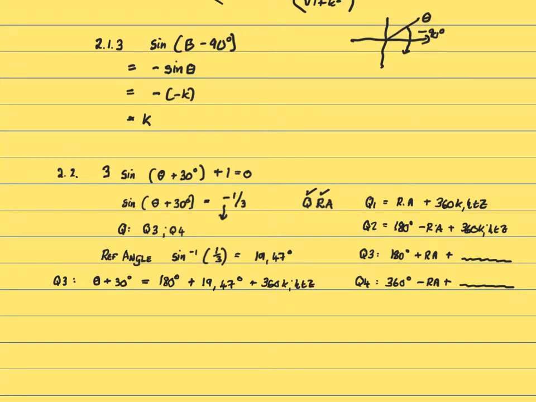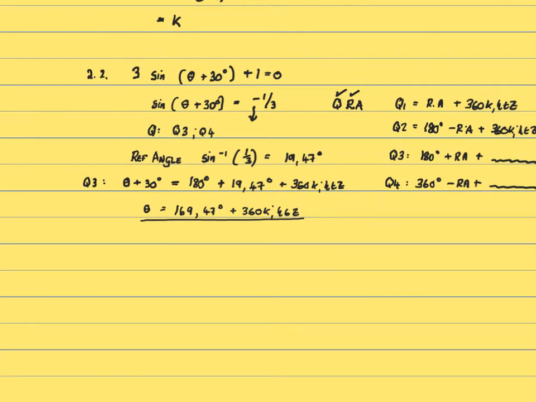If I use my calculator now, and I go 180 plus 19,47 minus the 30 degrees, I get 169,47 degrees plus 360k, where k is an element of integers. All right, that there is the general solution. It's not the solution they want, but it's the general solution.